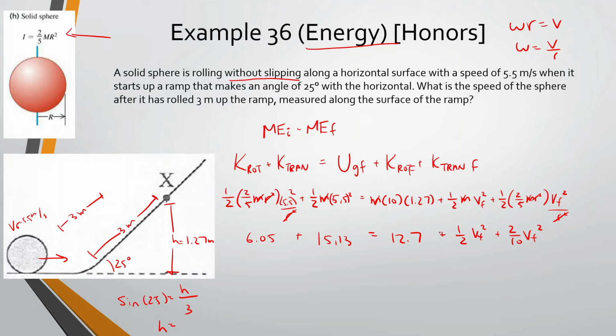Okay, now let's put all the whole numbers all the way to the other side. So we have 6.05 plus 15.13 minus 12.7. We get 8.48.